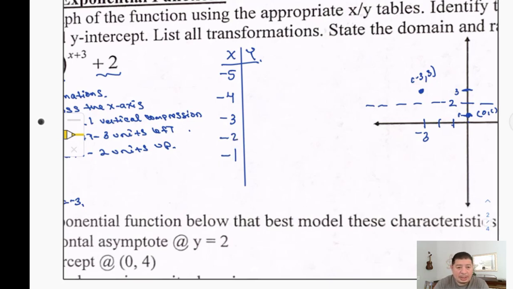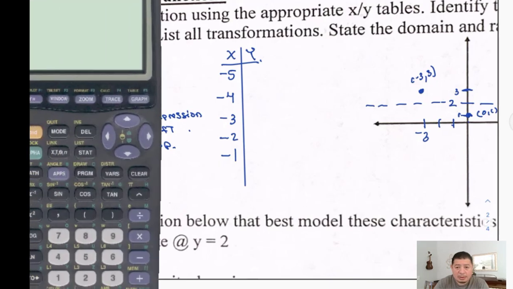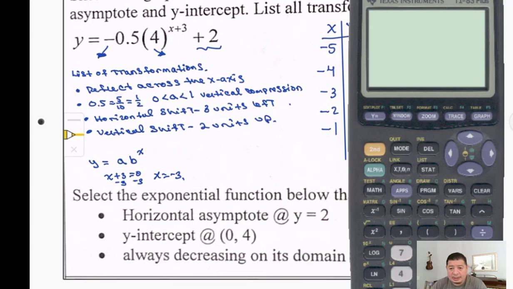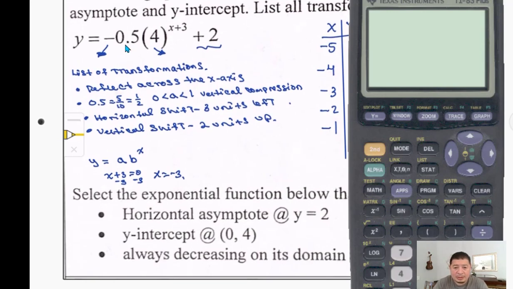I'm going to bring out my calculator. All that I'm going to do, you guys, is input the expression the way that I see it over here. I'm going to show you guys what happens.